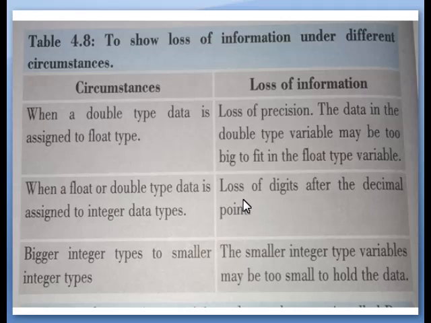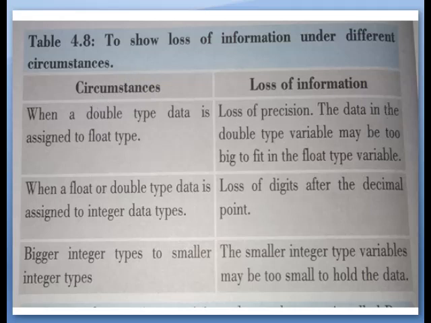Loss of digits after the decimal point, because integer means a whole number, no decimal values. Then next, bigger integer type to smaller integer type: the smaller integer type variable may be too small to hold the data. These are the circumstances and loss of information.